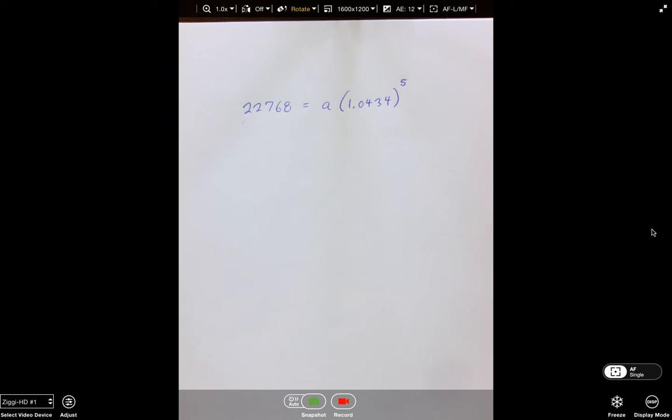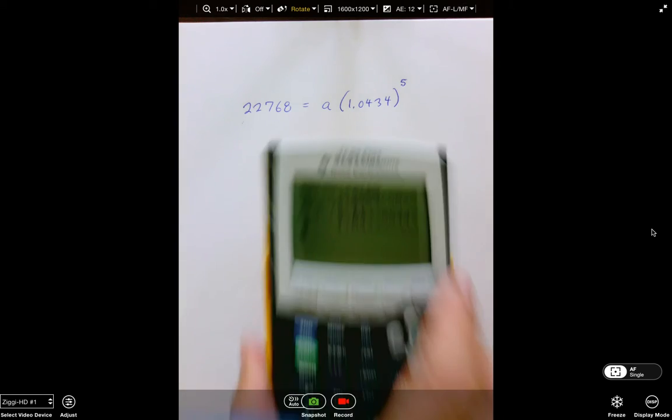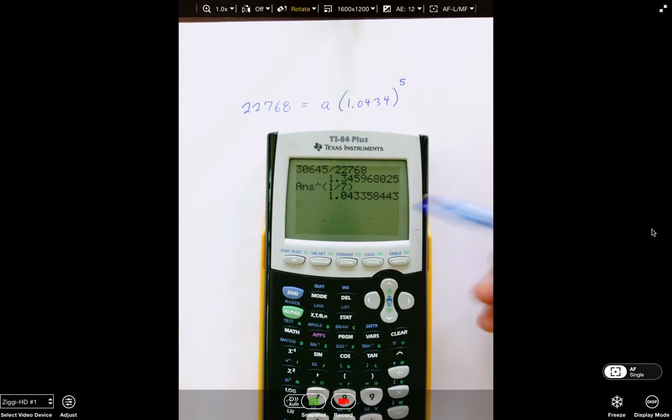Now, can I use my calculator to solve for a? Well, absolutely. That number right there, I need to raise to the 5th power. And then I need to divide both sides by that number.